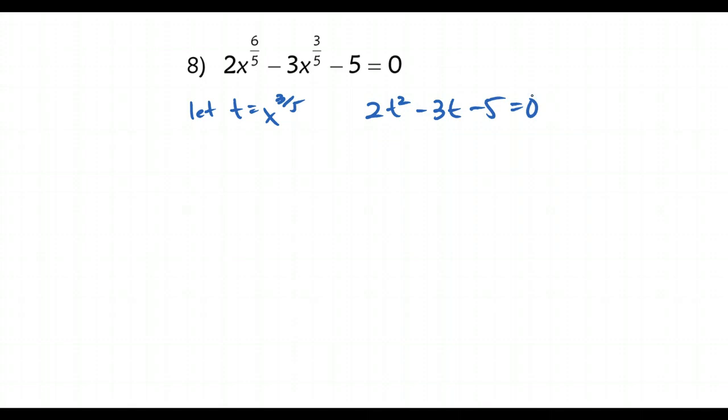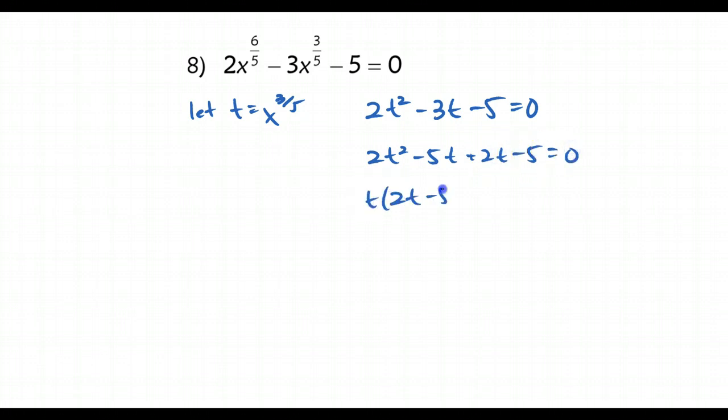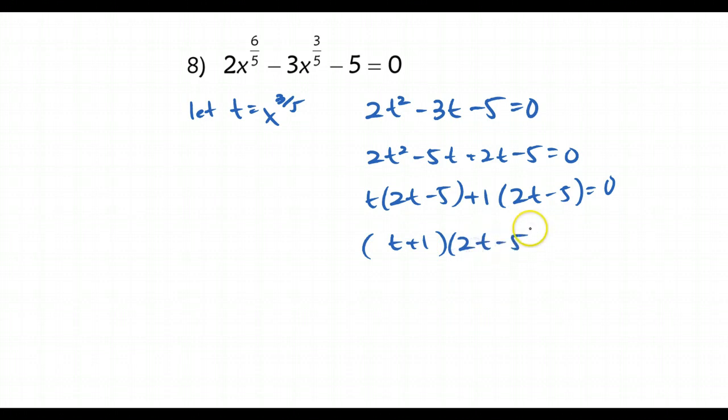So this is factorable. 2t squared minus 5t plus 2t minus 5 should equal 0. And I'm going to factor out a t here, so 2t minus 5 plus 1 times 2t minus 5 should equal 0. So I now have these two linear terms here for this particular quadratic.